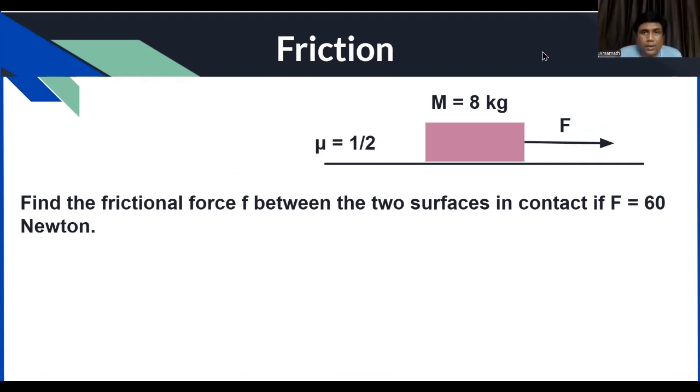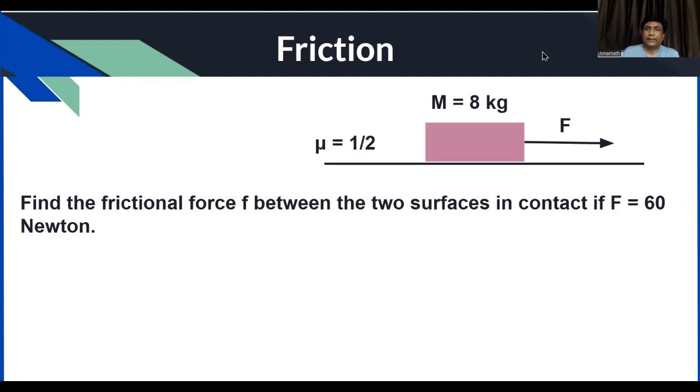Please try this question. Here the block has mass 8 kg, the surface frictional coefficient is 1 upon 2, and the applied force F is 60 Newton. We want to calculate the frictional force between the two surfaces in contact.